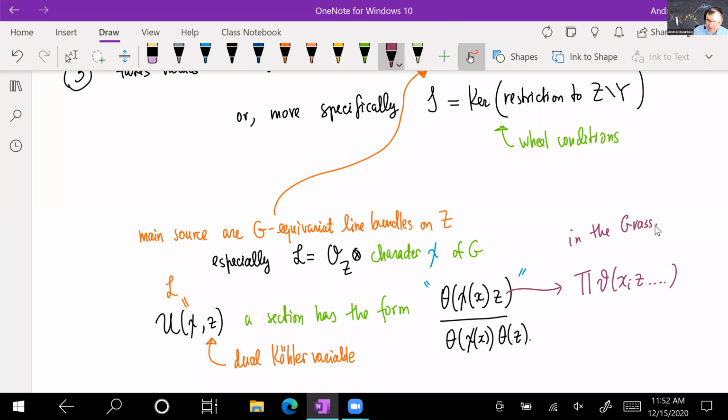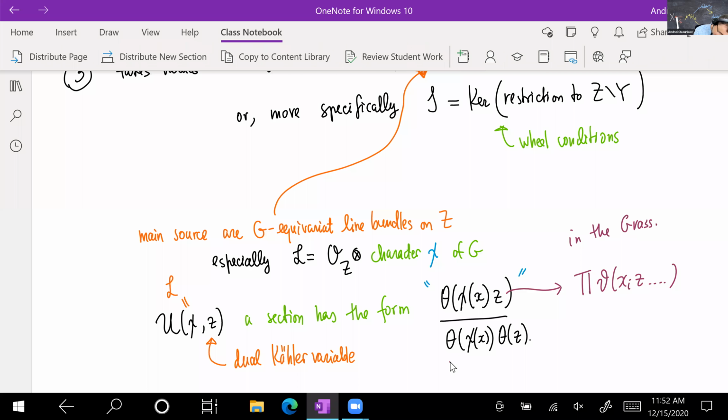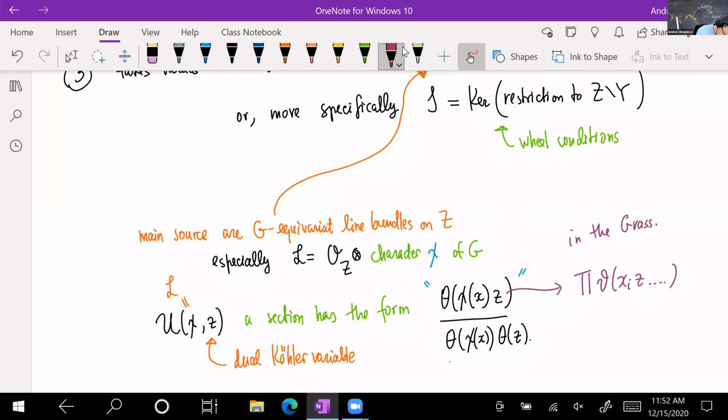If you take the determinant, this cancels, and then the corresponding denominator, we should think xi times whatever, this part, and then there's a theta of z.